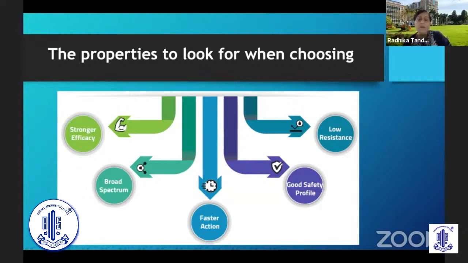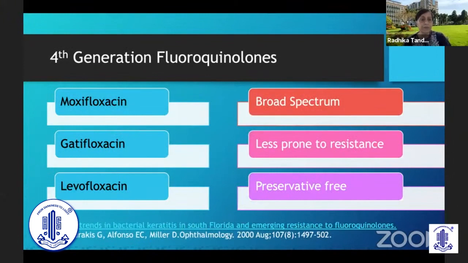And this is something that we are now becoming more aware of, that one also has to pay attention to the possibility of the organism itself developing greater resistance. So you would like to select antibiotics which have a low propensity to induce resistance in the bacteria or the microorganisms.